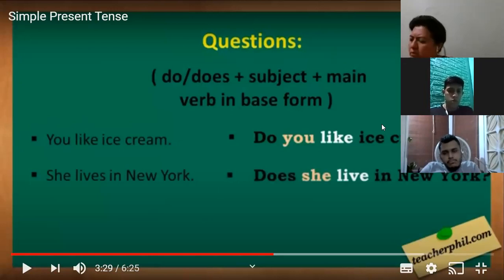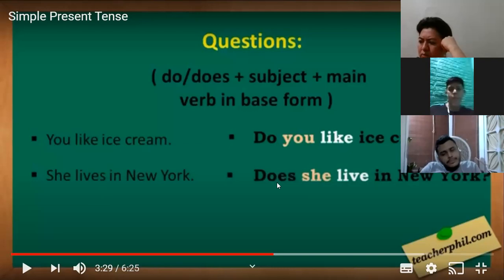Look at this example. Does she live? It's not necessary and it's not correct to add letter S. Why? Because this is a question. You only modify the verb if your sentence is positive. Does she live? She lives.